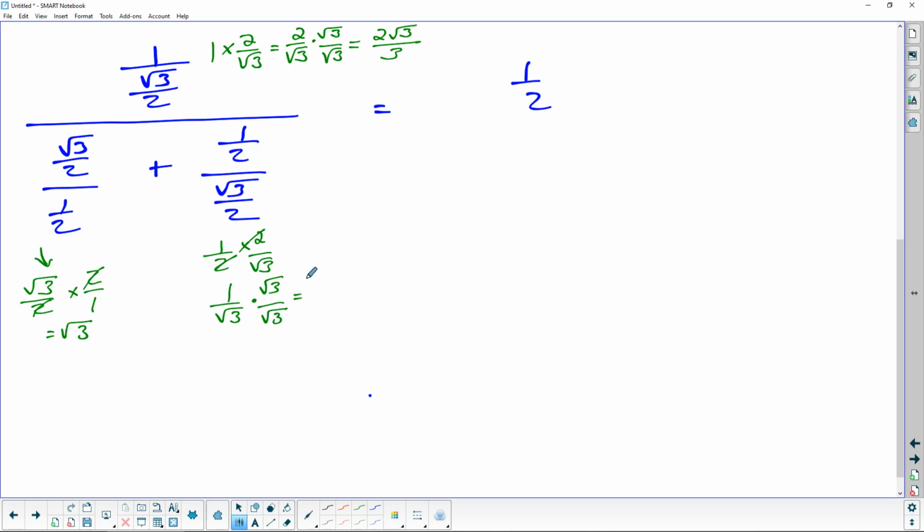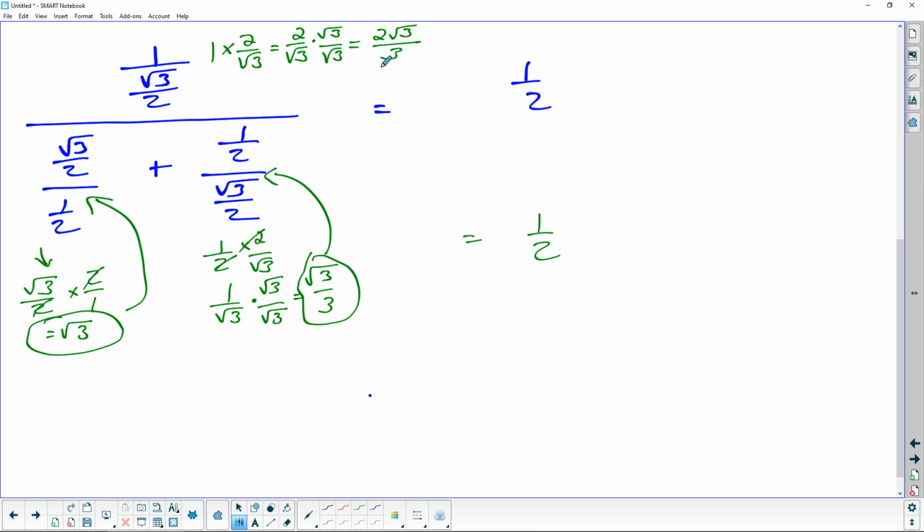So this equals root 3 over 3. This doesn't change. So this is our answer there, this is going to go there, and this is going to go on top.